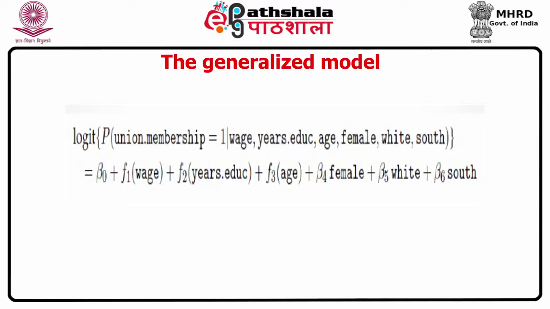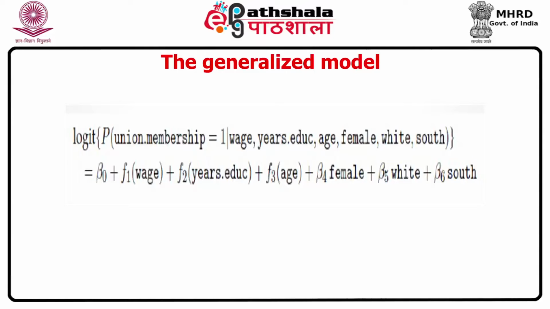So as before, I am writing the logit of this probability as a function. This function comprises an intercept beta naught plus the usual terms, beta 4 into female plus beta 5 into white plus beta 6 into South, for the last three covariates.